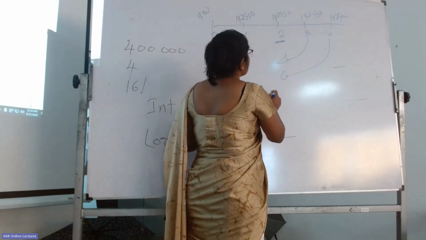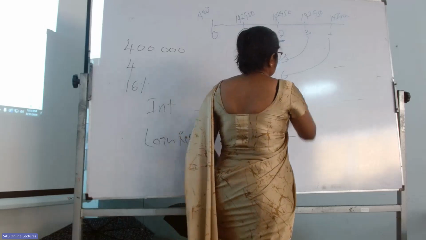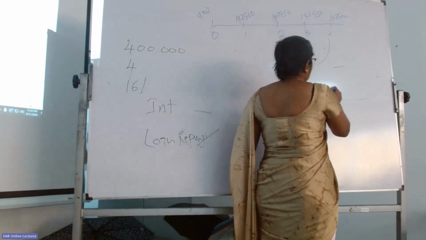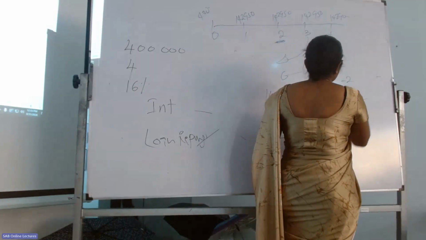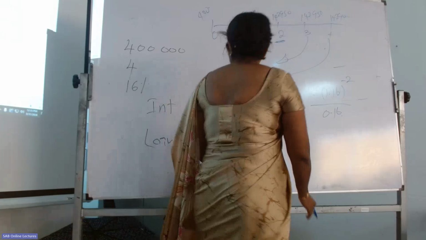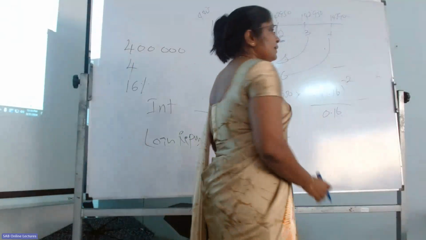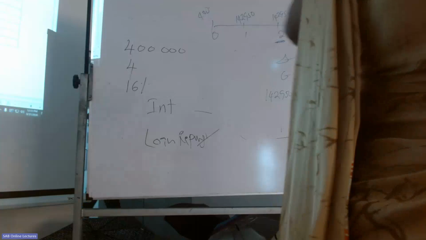That is 142,950 into (1 minus 1.16 to the power of minus 2) divided by 0.16. You may solve this and you will get 229,468.